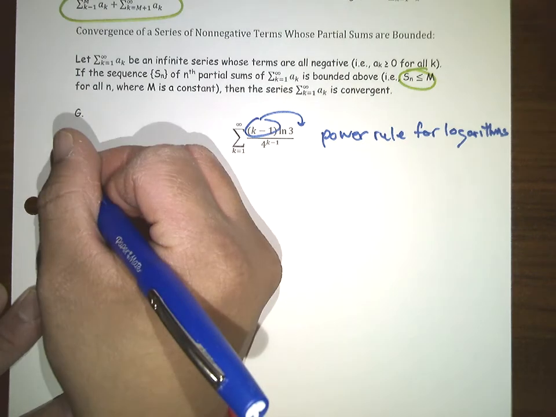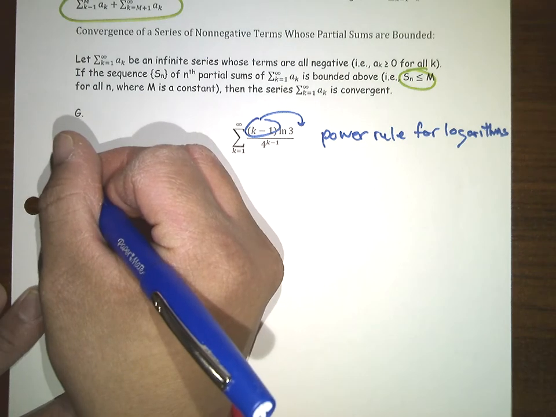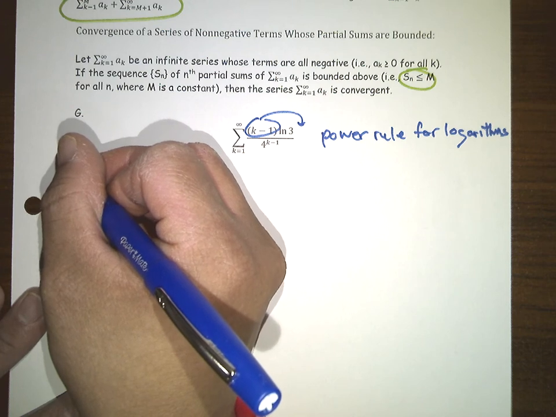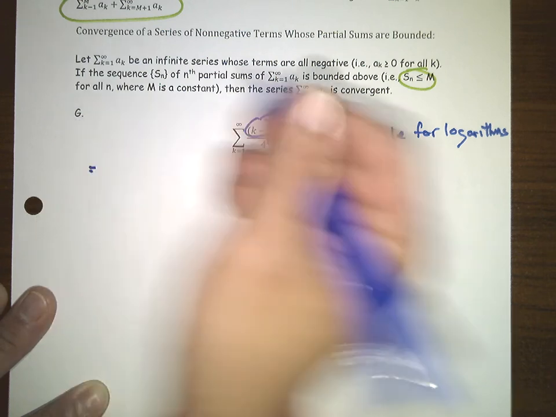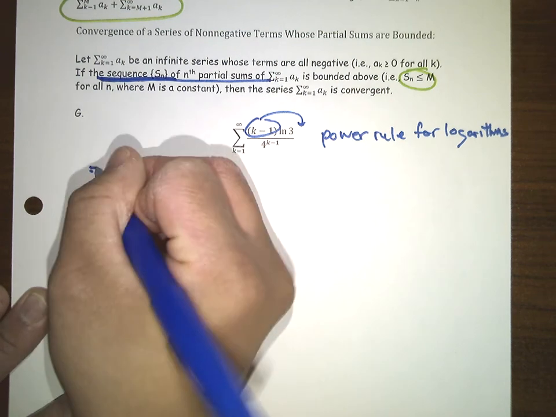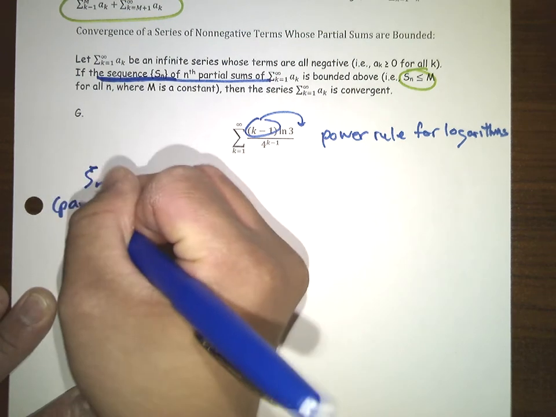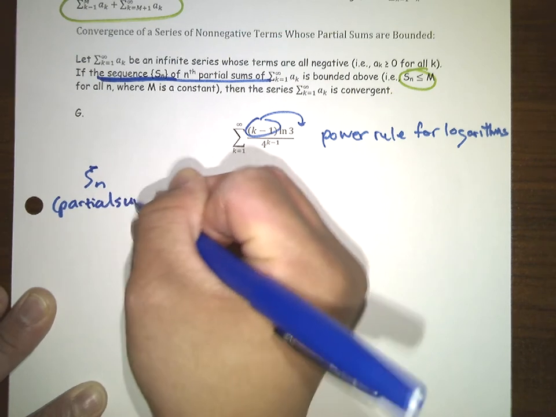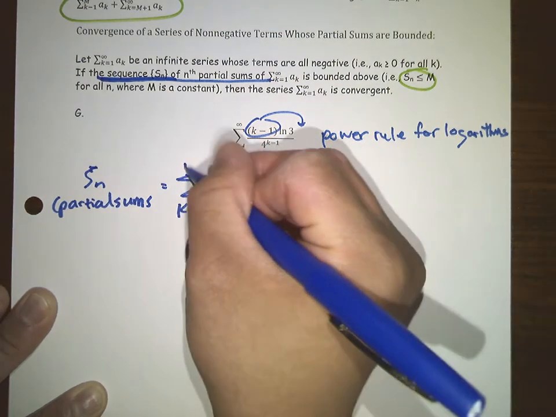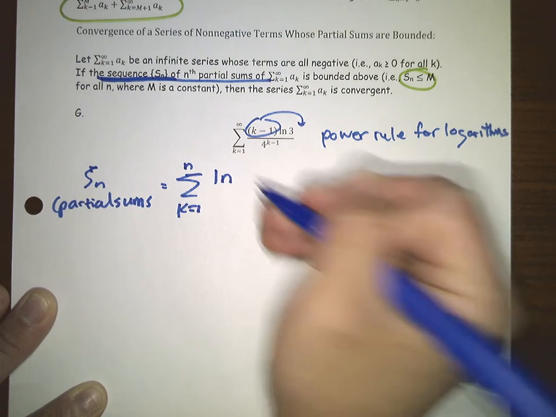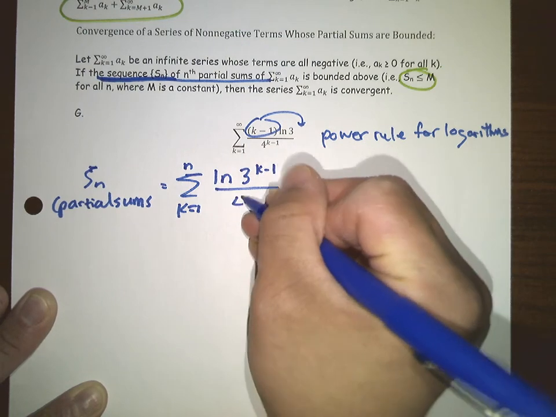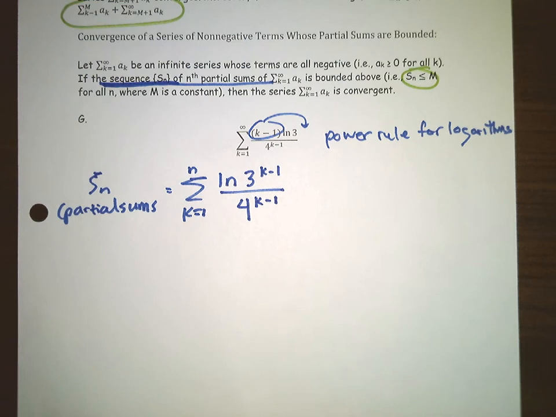Now I'm going to look at the partial sums, just so that you're aware of this. So Sn, the partial sums, will be the sum k equals 1 to n of natural log of 3 to the k minus 1 over 4 to the k minus 1.